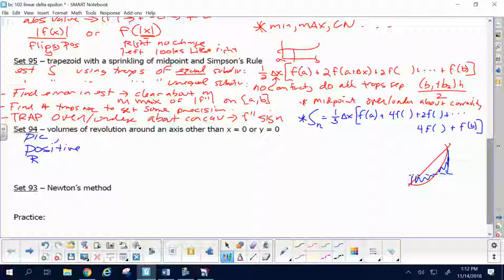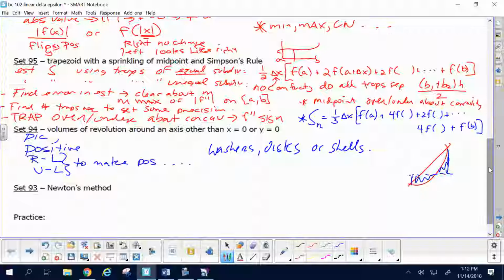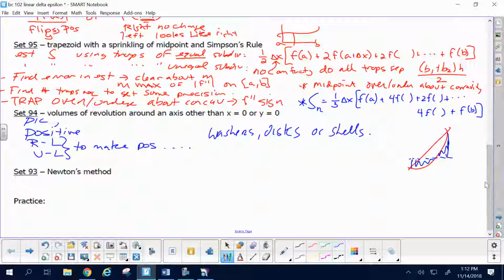If you use right minus left and upper minus lower to make positive, you will generally be in good shape. Could be washers, discs, or shells. In some cases you might have options, but in some the function is just too nasty to use one.